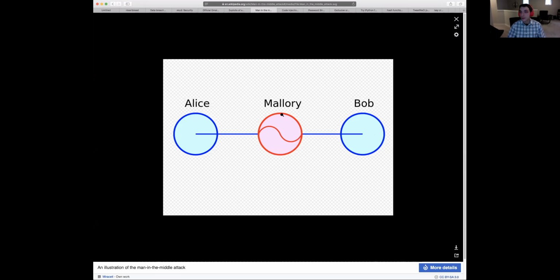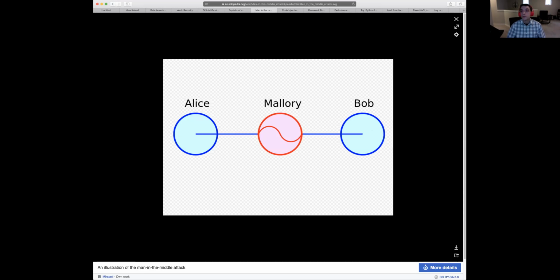This is Mallory. The other example is often Eve. But in any case, what this person in between is doing is intercepting the communications between Alice and Bob. And at the very least, they're listening in. That's called eavesdropping, and that's Eve. Eve is an eavesdropper, and that violates confidentiality.